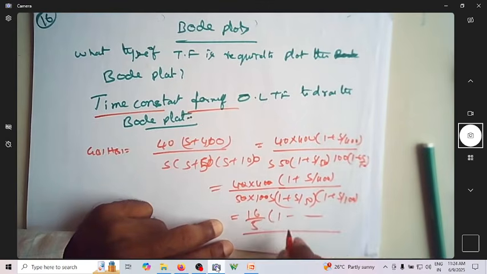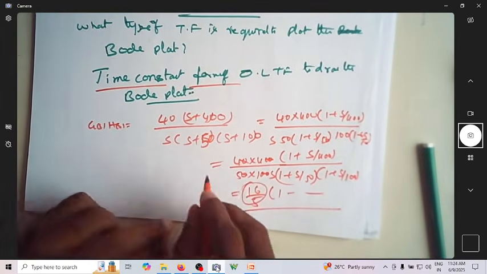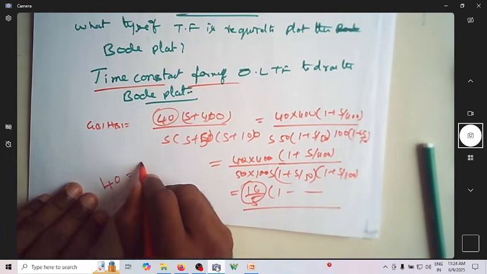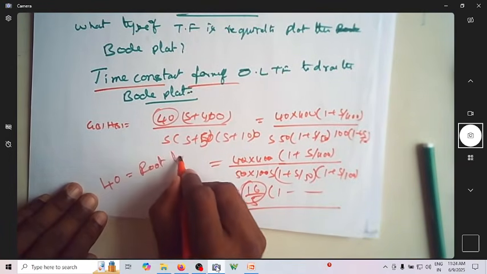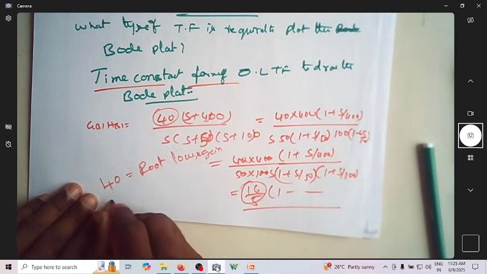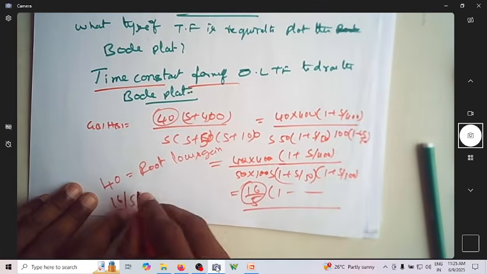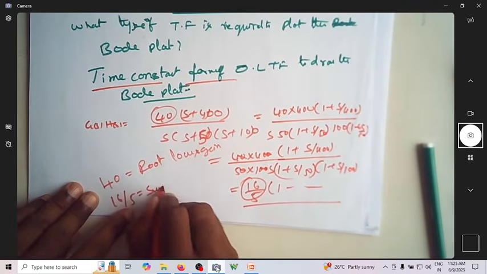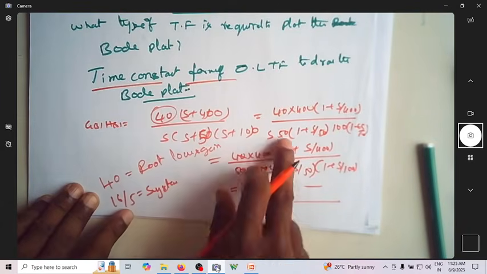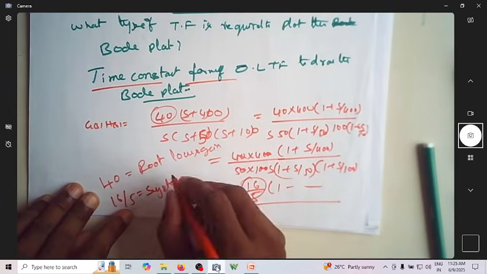The 40 was the root locus gain of the system, and 16 by 5 is the system gain.